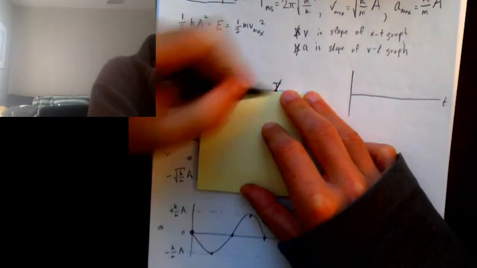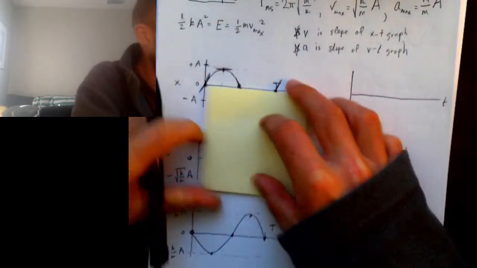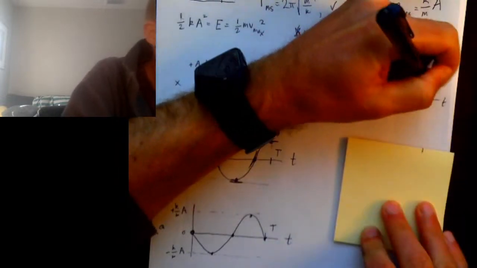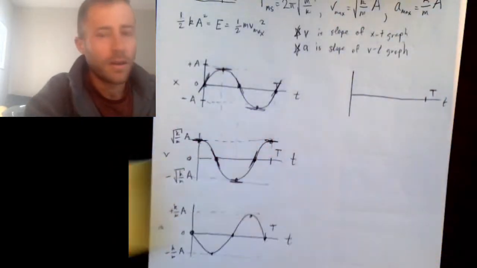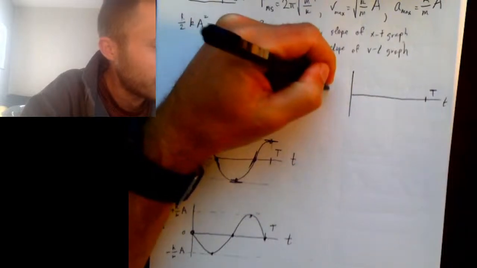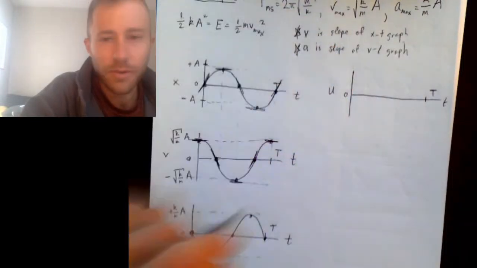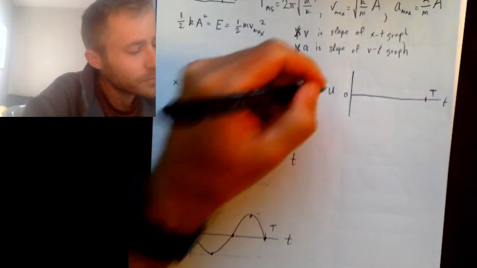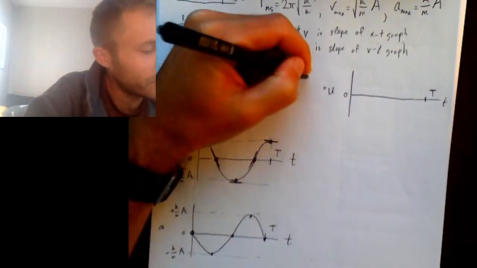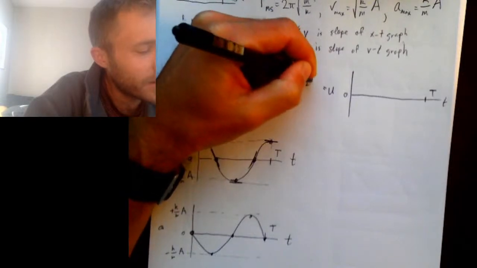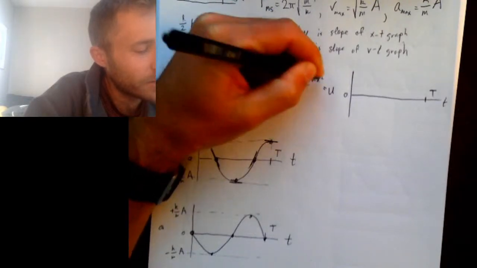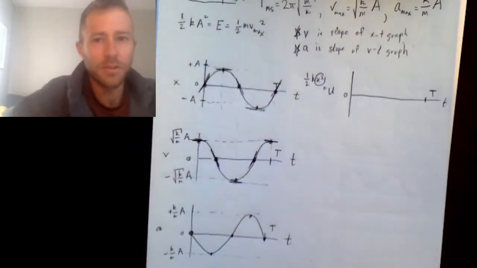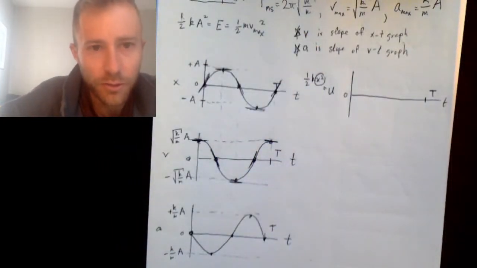So let me just mark this, and right here is 1 period, and we're going to graph the elastic potential energy as a function of time. Now, one of the things to remember is that elastic potential energy is 1/2 kx squared. So notice how it takes my position graph and it squares it.